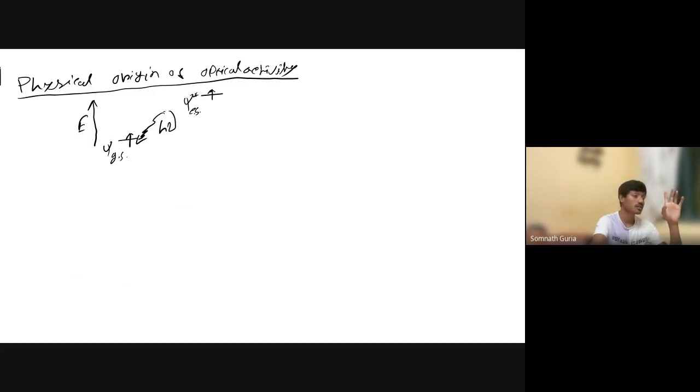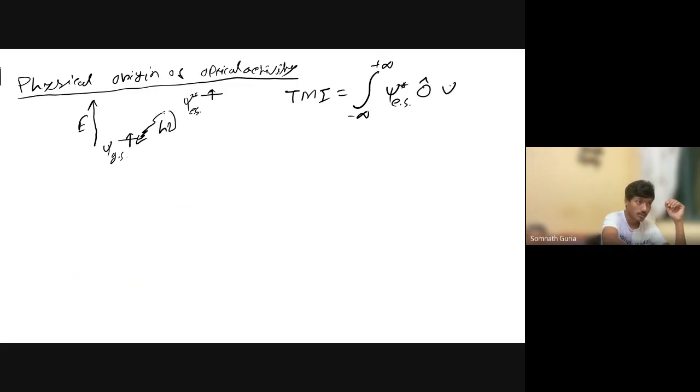How is this related to the transition moment integral, as we discussed in a previous session? The transition moment integral, TMI, is denoted by the integral from minus infinity to plus infinity of the excited state wave function, the operator, let's suppose O operator, and the ground state wave function, followed by d tau.